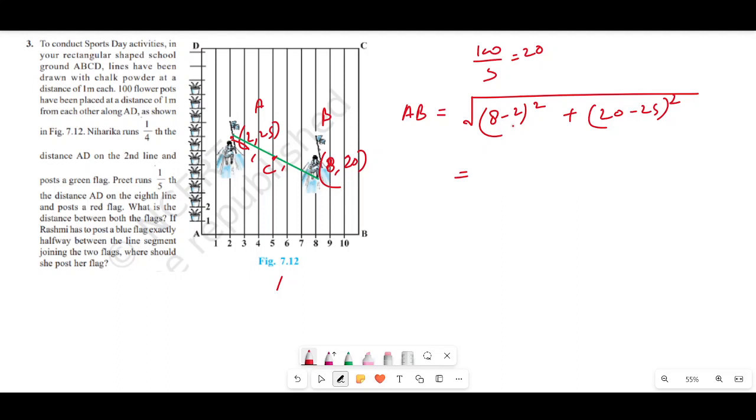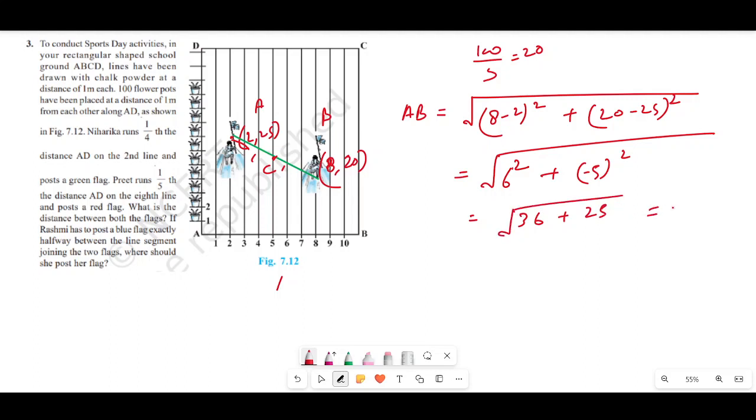Now 8 minus 2 means 6 square, plus (20 minus 25) square, now this will be 36, this will be 25, and now this will be 61. Clear? Now find out the value of this; this is the distance AB between both flags.